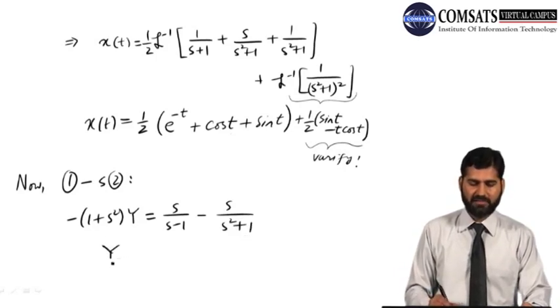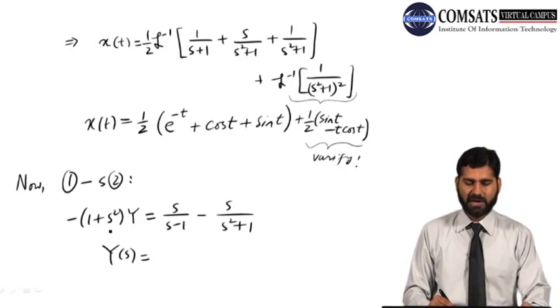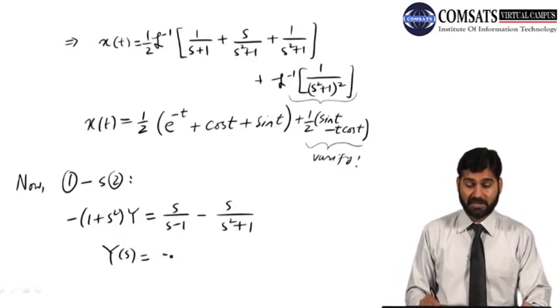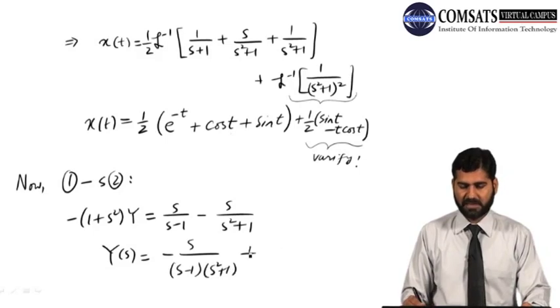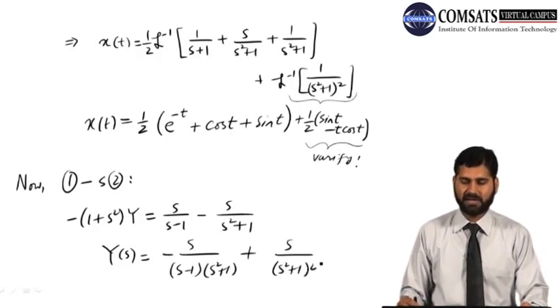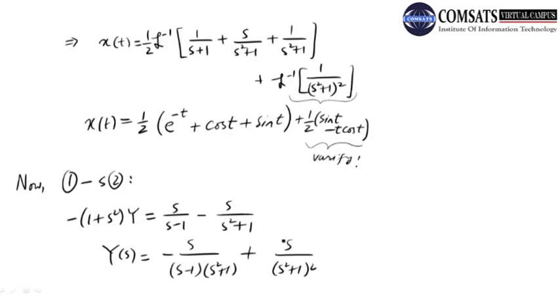So your Y of s is equal to this divided by s squared plus 1. So you will get minus s over (s minus 1)(s squared plus 1), and plus s over (s squared plus 1) squared. Alright, the Laplace inverse of this is easy, but here you need partial fractions. So again, using partial fractions, you can write it.